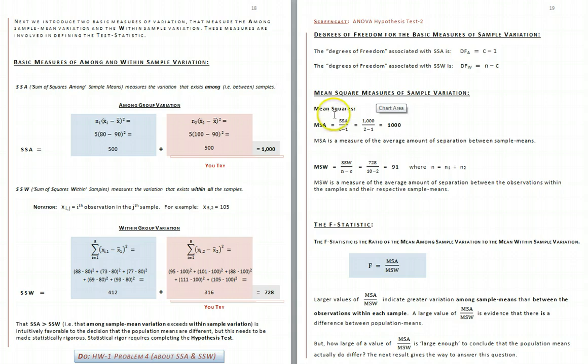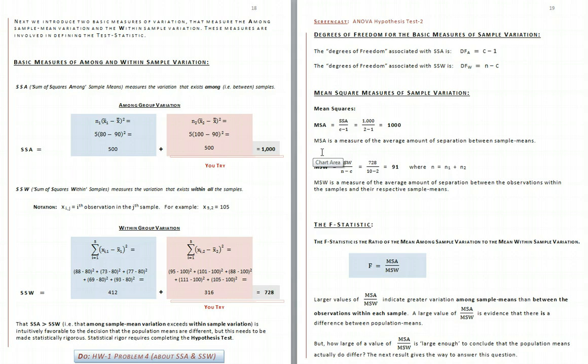It's simply the sum of square amongst sample mean variation divided by the number of degrees of freedom associated with SSA, and that is C minus 1. In our case, we found SSA to be 1,000, and C, of course, is 2 stores, so 2 minus 1 is 1. We have MSA is really the same as SSA, 1,000.